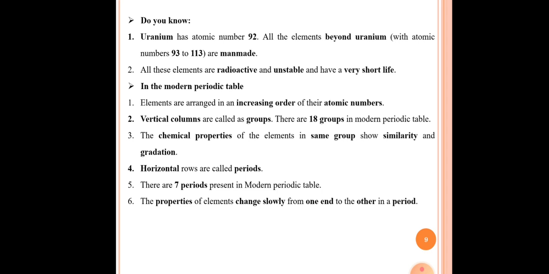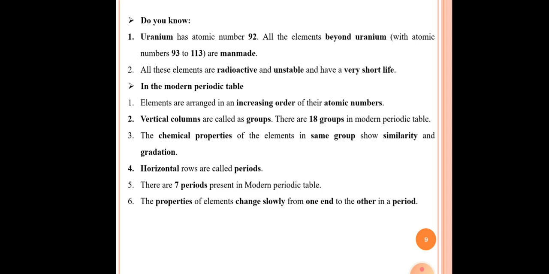As I already told, in the modern periodic table, a total of 118 elements are present. Out of 118 elements, 92 elements are completely natural, and the remaining 26, that means from 93 to 118, are man-made elements.